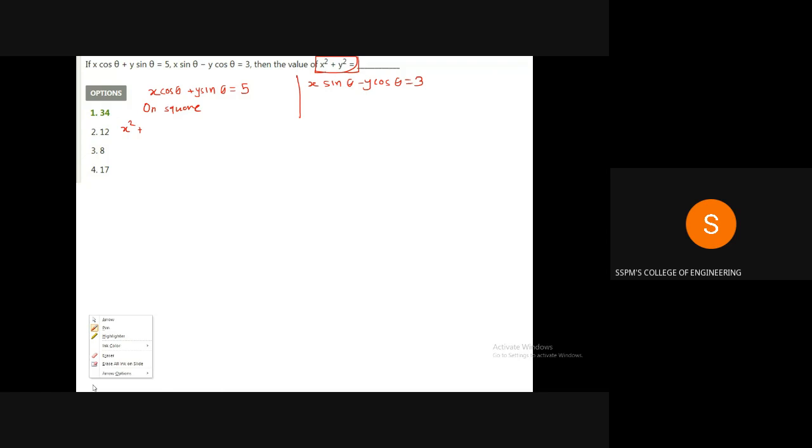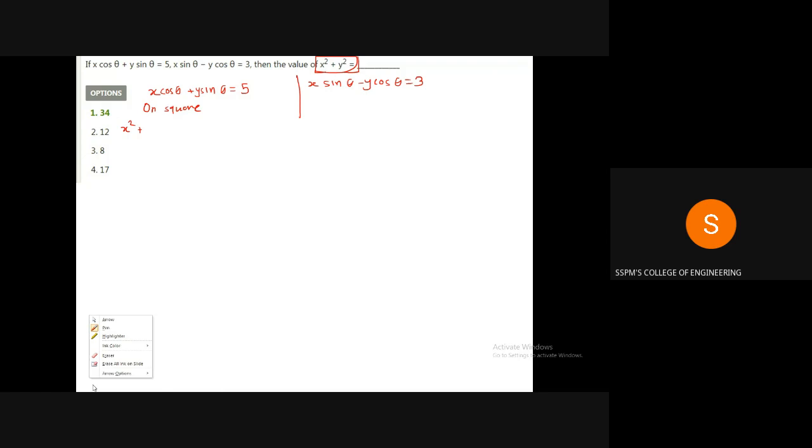If we square the left hand side, x square cos square theta, this is a square, plus 2 into xy cos theta sin theta, that is 2ab, plus b square. b means y sin theta, so squared we will get y square sin square theta, is equal to 5 square, that is 25.